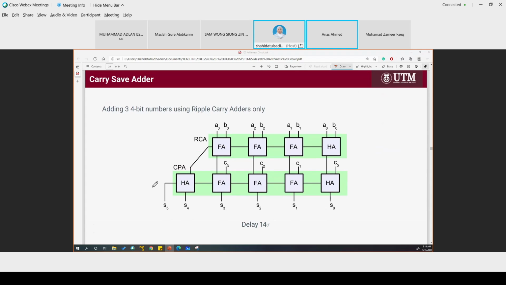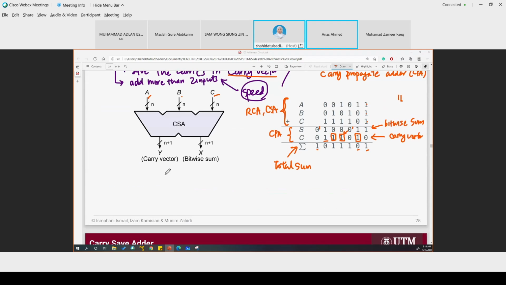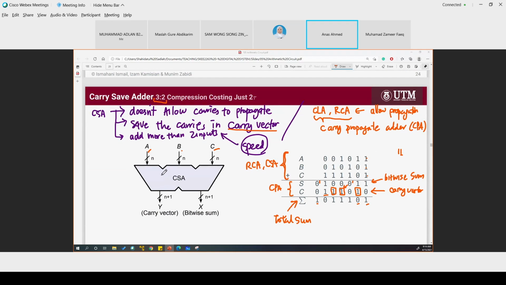Doctor, can you go back to the previous slide? Yes. If we save the carry in the carry vector, it will give us different value or different result, isn't it? What do you mean different results? I mean, if we add these two values A plus B plus C, we'll get different answers.